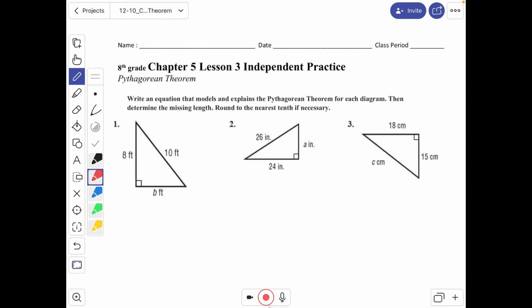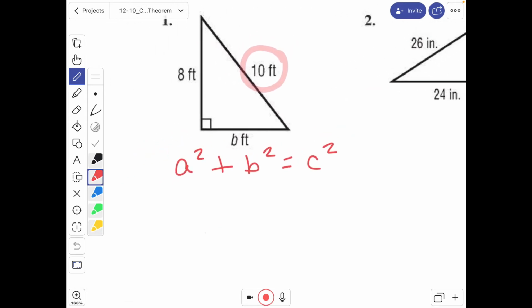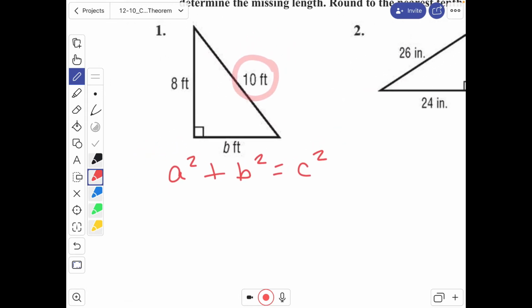Let's look at some of the examples you're supposed to work. And notice that we're not always solving for C. We are on this one, but this one they tell you what it is. So let's practice one of those. We start with the theorem, a squared plus b squared equals c squared. Then we plug in what we know.